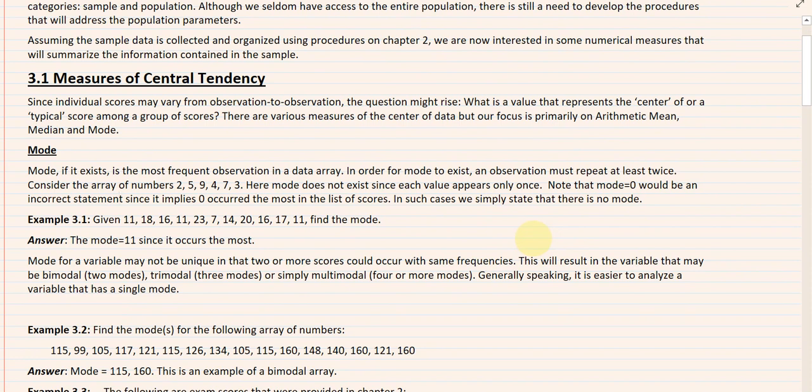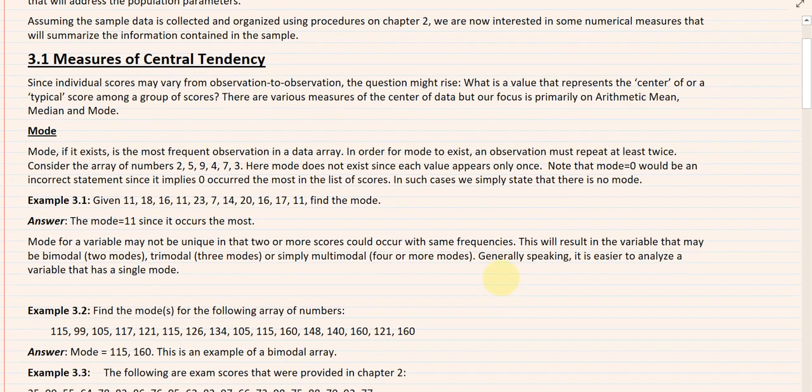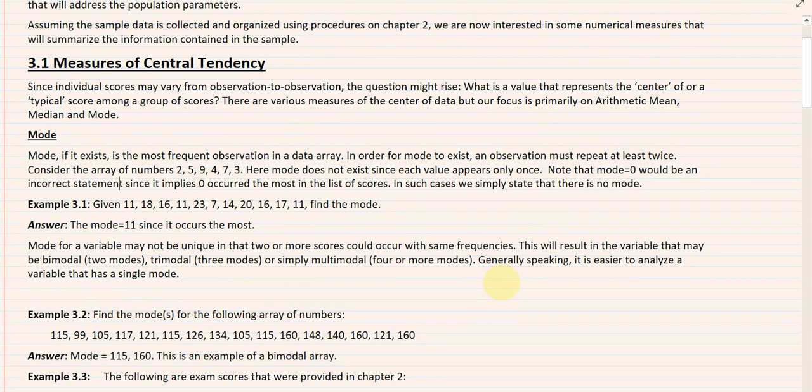in my next example, example 2, you actually see that there are 2 modes in this one. Okay, so how is that possible? Well, if you look at 115, I have 1 occurrence, 2 and 3 occurrences of that score, 115. Now if you look at 160, there's 1, 2 and 3 scores there.